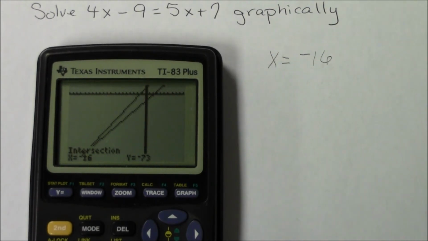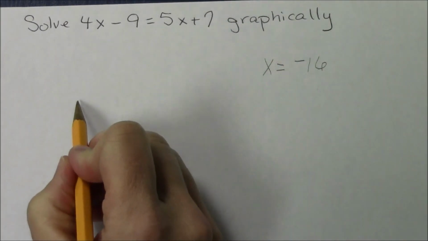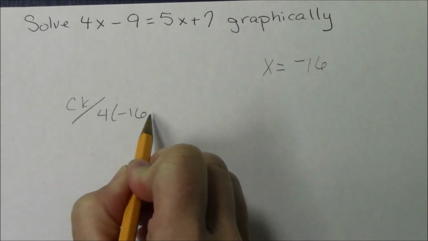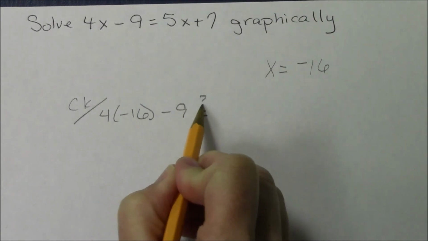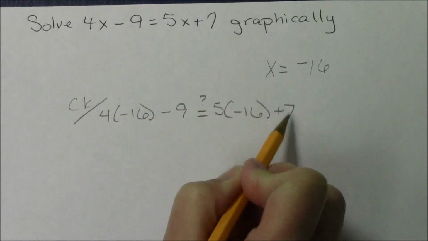Now once again, we can check that answer to make sure that it's actually right. You can check that by plugging in and seeing what you get. We're going to check 4 times -16 minus 9. We want to see, does that equal 5 times -16 plus 7?